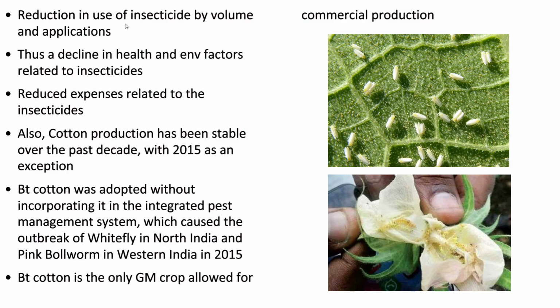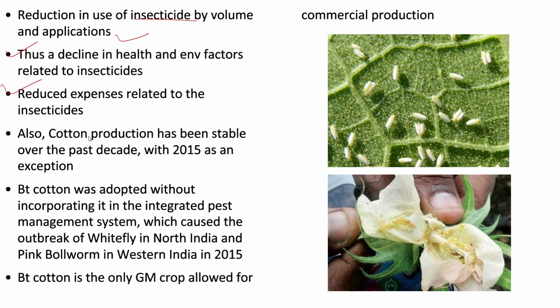The study showed a reduction in use of insecticide by volume and applications, which means that people have used a lesser quantity of insecticides once Bt cotton came into play. Thus, there was a decline in health and environmental factors related to insecticides. Bt cotton also led to reduced expenses related to insecticides.